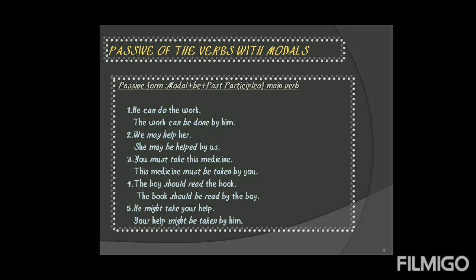He can do the work: the work can be done by him. So we have followed modal plus be plus past participle form of the main verb. This structure is followed, and finally we get our passive form of the verbs with modals.